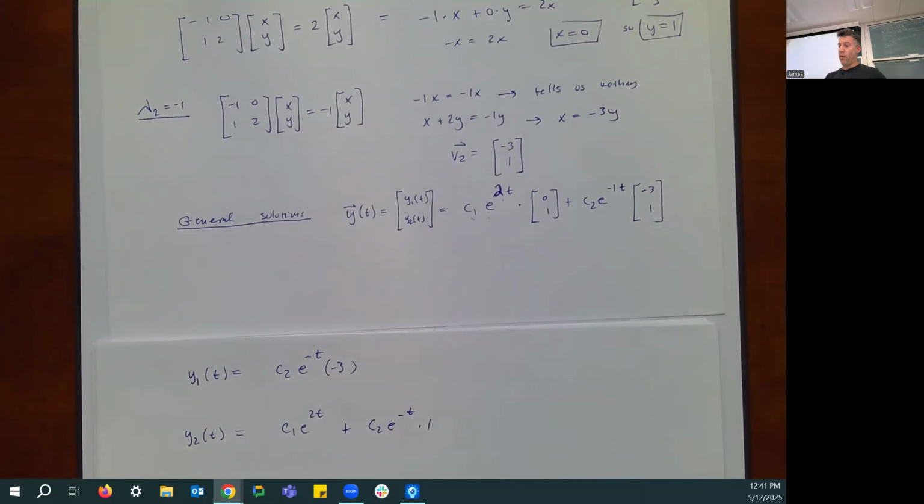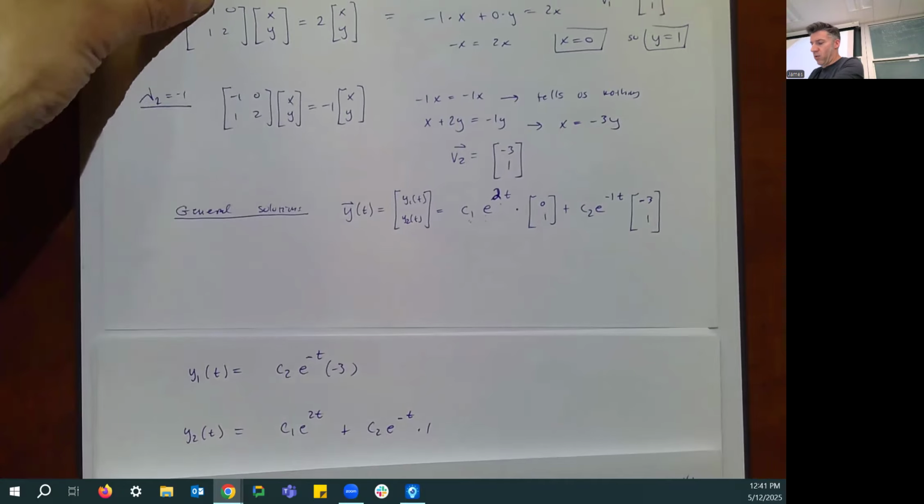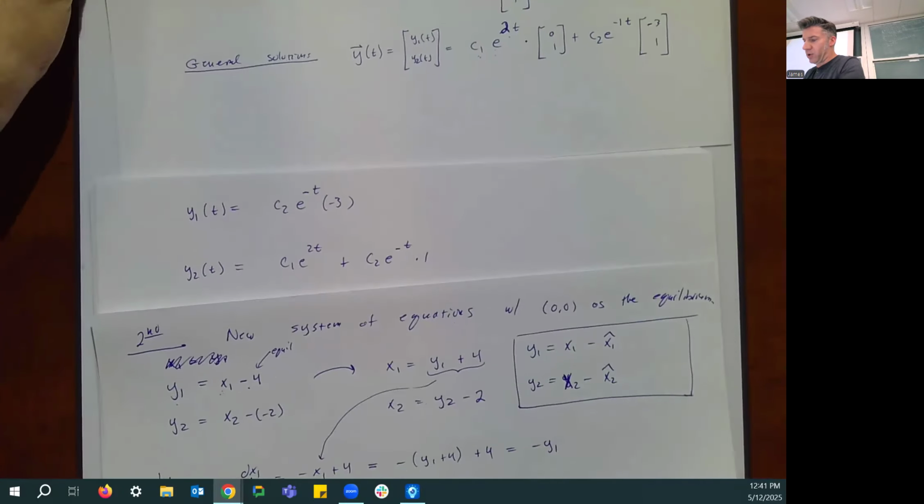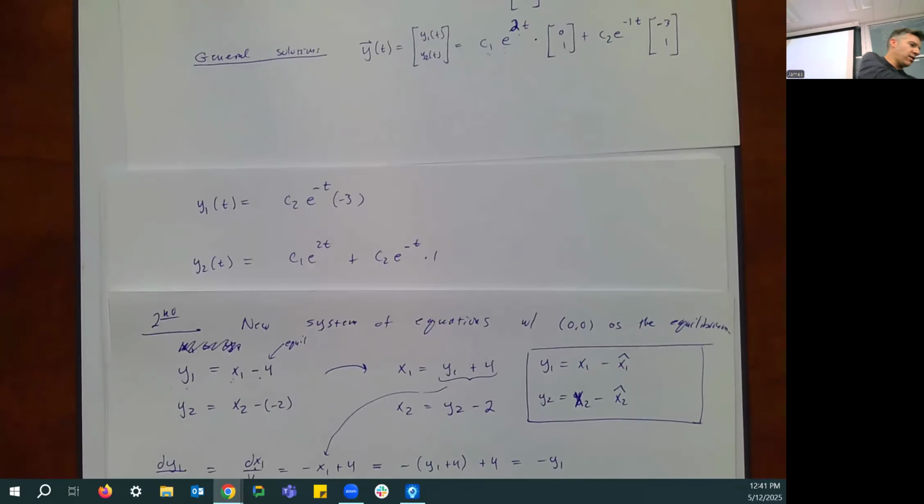And we know what y1 and y2 are equal to. If we look way back, we said that y1 was equal to x1 minus 4, and that y2 is equal to x2 plus 2. So we're going to just tag that in right here.